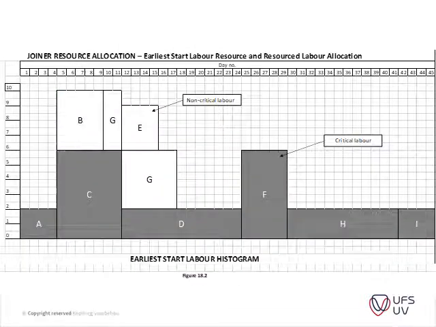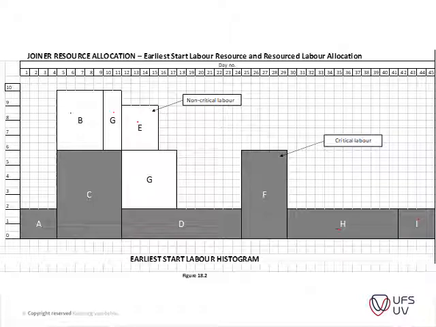Looking at figure 18.2, this is basically the histogram, just showing the amount of laborers that you need. A, C, D, F, H is the critical labor, whereas you have B, E, and G, which continues through here, which gives you the non-critical labor items.